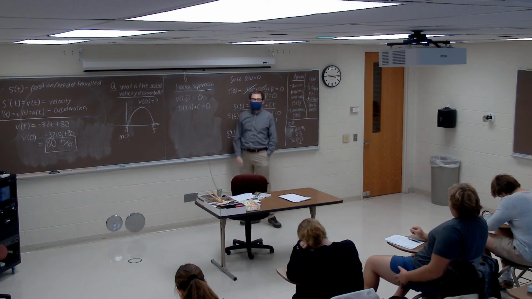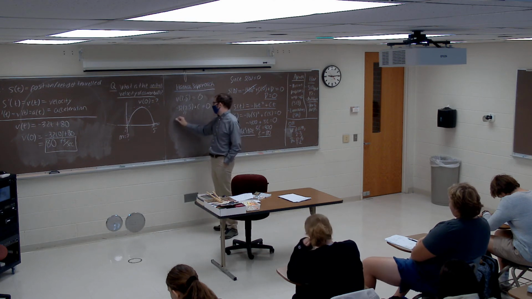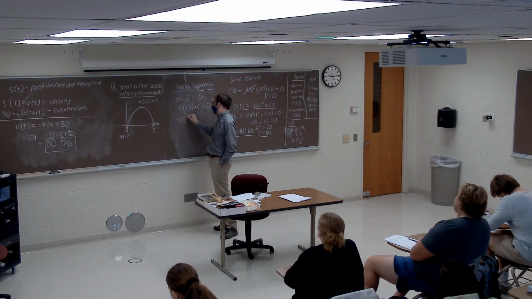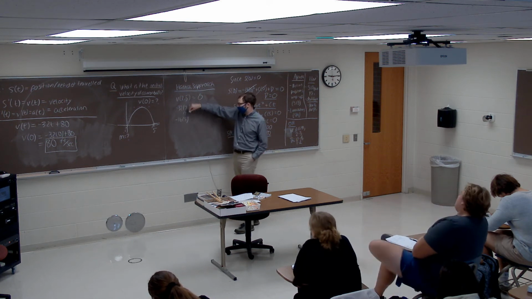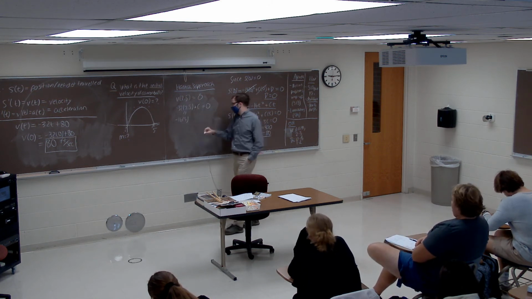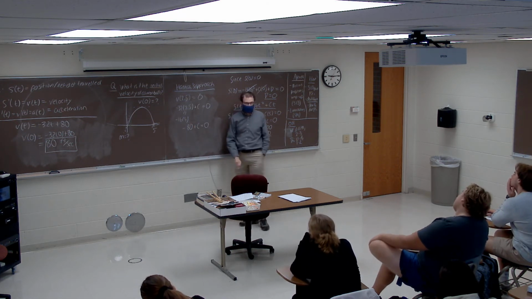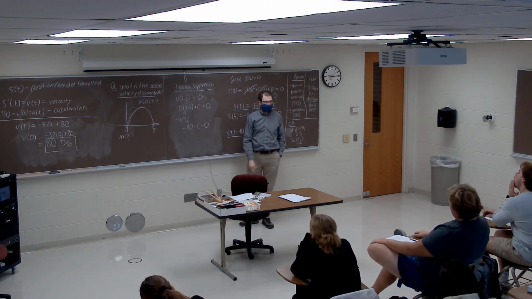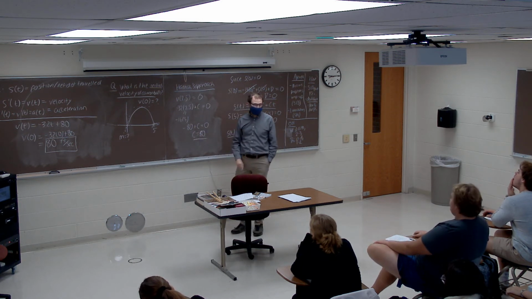Negative 32 times 2.5 is going to be equal to negative 16 times 5. We divide negative 32 by 2 and multiply 2.5 by 2. So this will give us that negative 80 plus c is equal to 0, which would give us c equals 80.